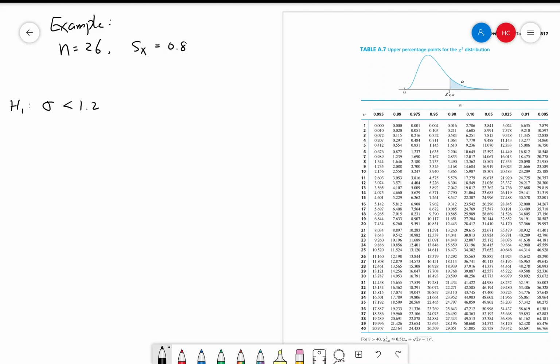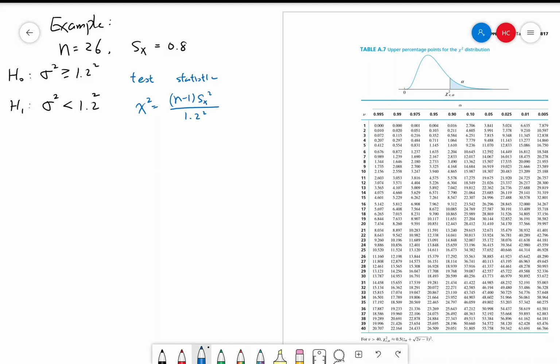But we usually don't phrase it this way because we want to talk about variances. So we put the square on both numbers. So this is our alternate hypothesis, and the null hypothesis is the opposite of the alternate hypothesis. Our test statistic chi-square is equal to n-1 times s squared over 1.2 squared.